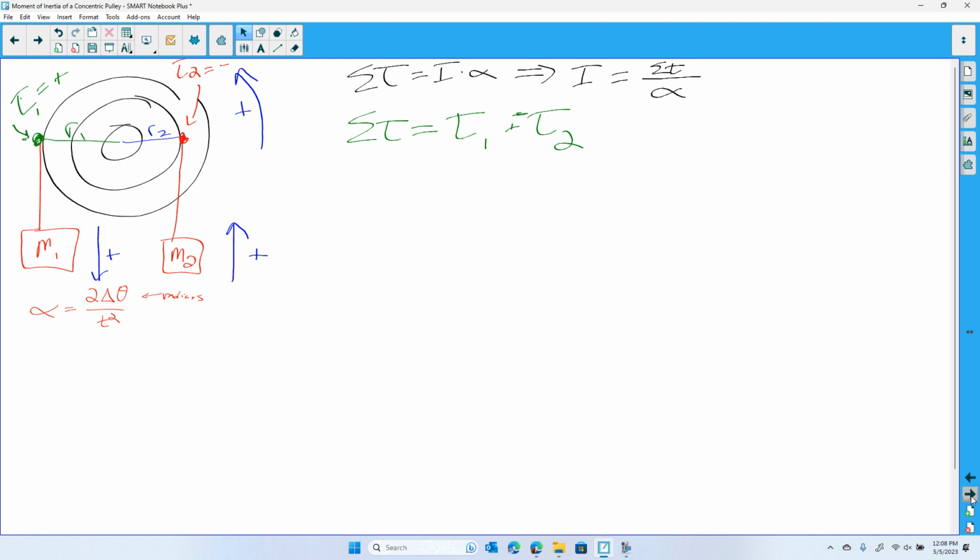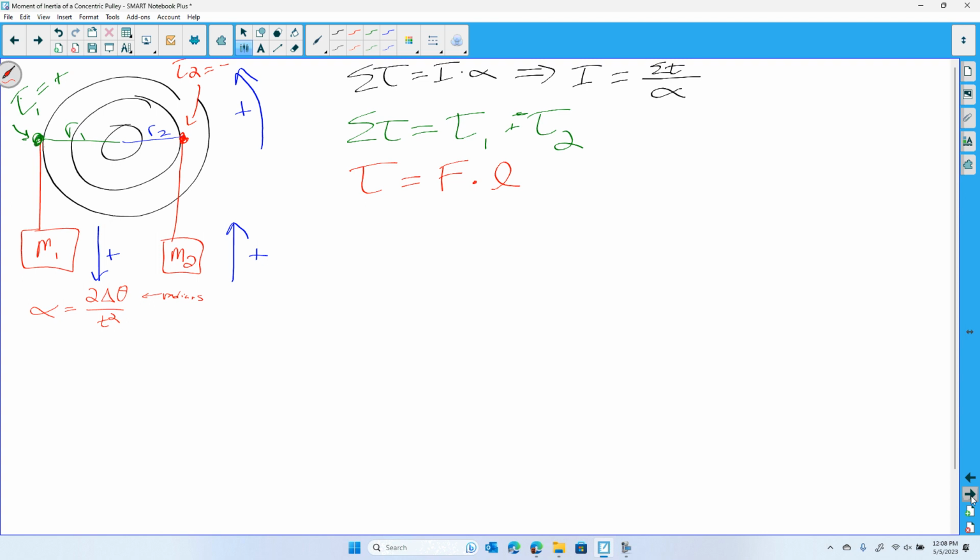All right, well, we have a general definition for torque. We know what the equation for torque is. The torque on any object at any point is the force being exerted at that location times the distance from that location to the center of rotation. So our torque 1 and torque 2 here have to do with the forces being exerted on the wheel.